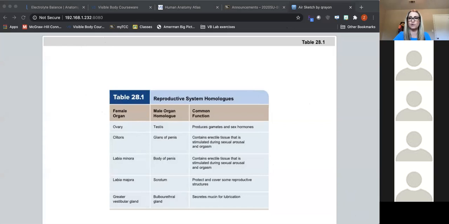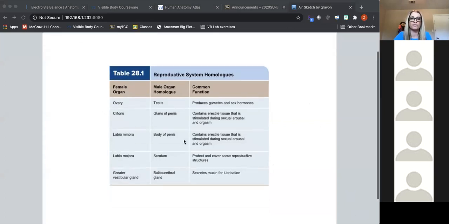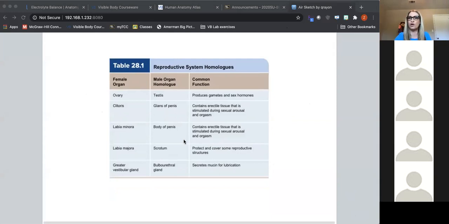In this table, we are looking at some reproductive system homologs. Homologs mean that these structures originated from the same primordial tissues, but then developed into different structures. The ovary and testes, which are our gonads, are homologous structures, and these are going to produce gametes and sex hormones.